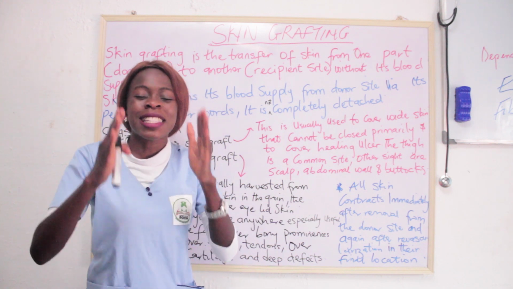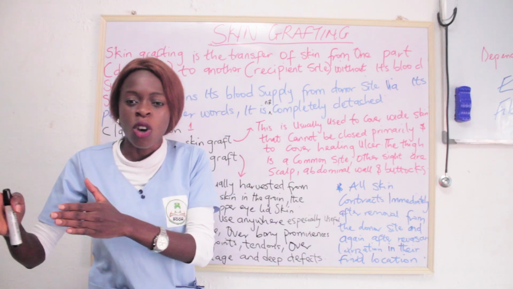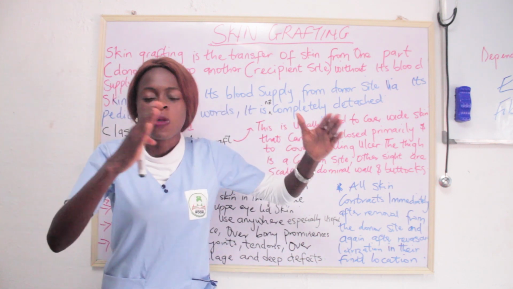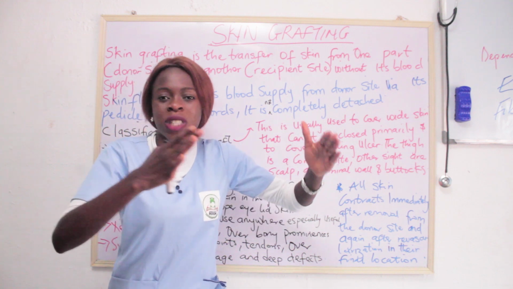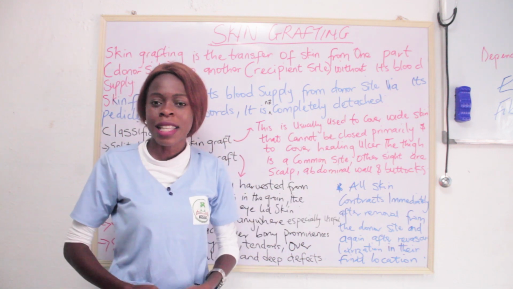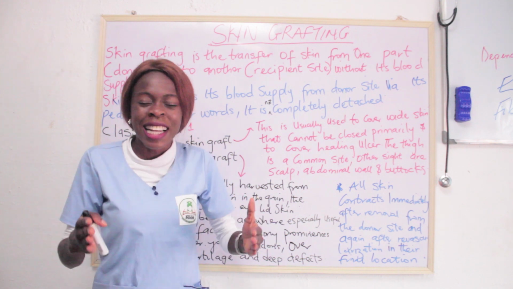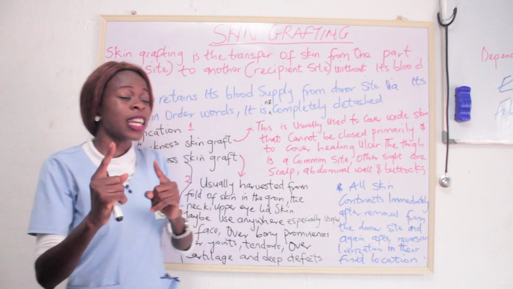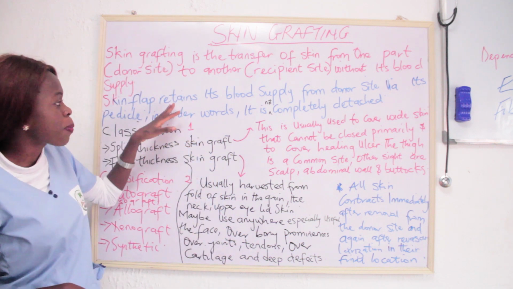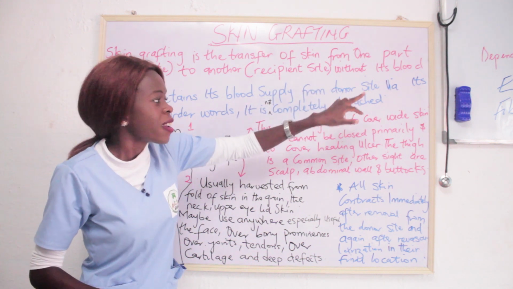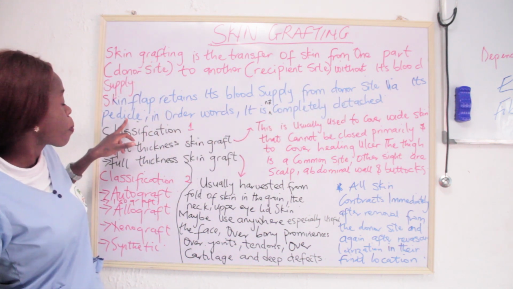So whenever you hear skin grafting, what should be circulating in your mind is a transfer of skin, the movement of skin from the donor site to where? The recipient site. Sometimes we interchange skin graft for skin flap. A skin flap retains its blood supply from the donor site via its pedicle.